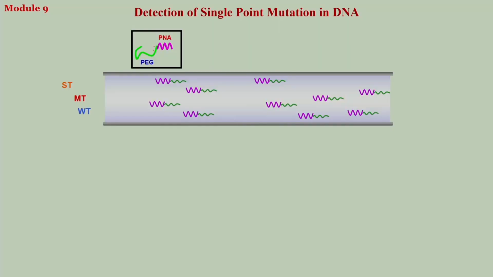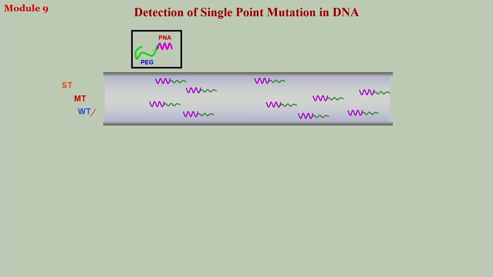This is our PNA and this is the bulky polymer, polyethylene glycol, that was attached to the PNA, and this PNA is complementary to the wild type, which means it has one base mismatch with the mutant, and this is a scrambled sequence. Basically, that means it has no similarity, and does not form any hybridization with the PNA, and this is injected into the capillary, and now this is your sample.